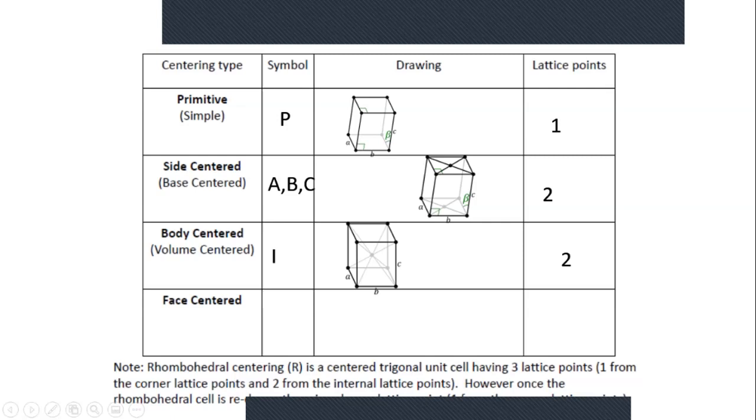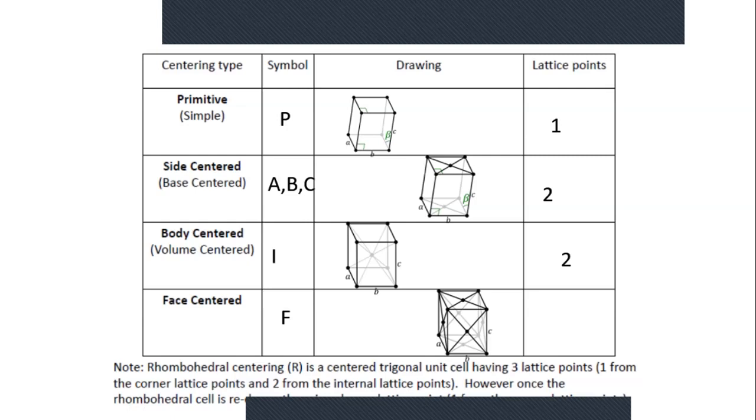Lastly, we have face centering, which is denoted by the symbol F. It's kind of like side centering, but now all the sides have been centered. So not just one side, now we have the A side, the B side, and the C side all centered. So it's called face centered, because every face has been centered.